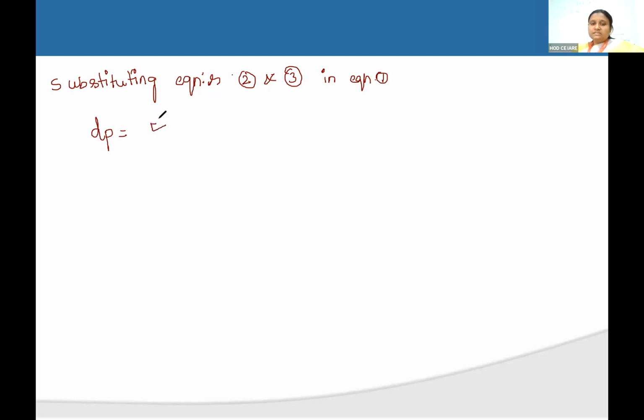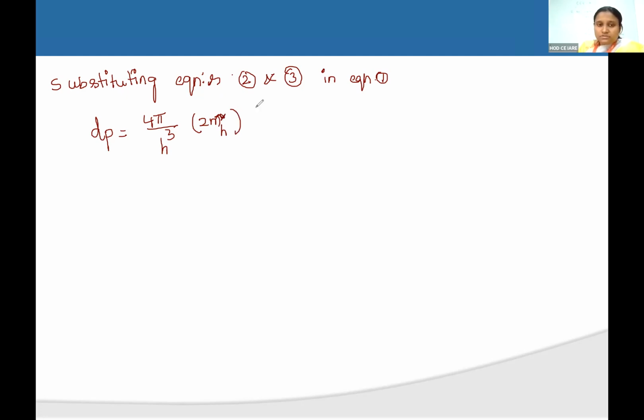So what is the expression we got for density of energy states? We got it as 4 pi by h cube into 2 mh star whole to the power of 3 by 2.